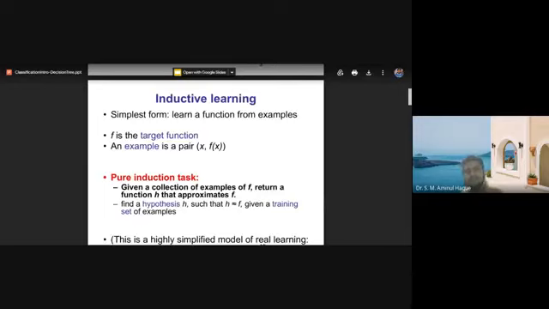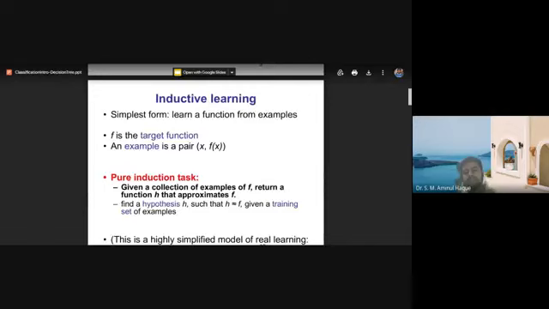Basically we are learning from some examples. Here examples means the data. So we can refer to that as inductive learning. More precisely, let f be the target function. What is the target function?